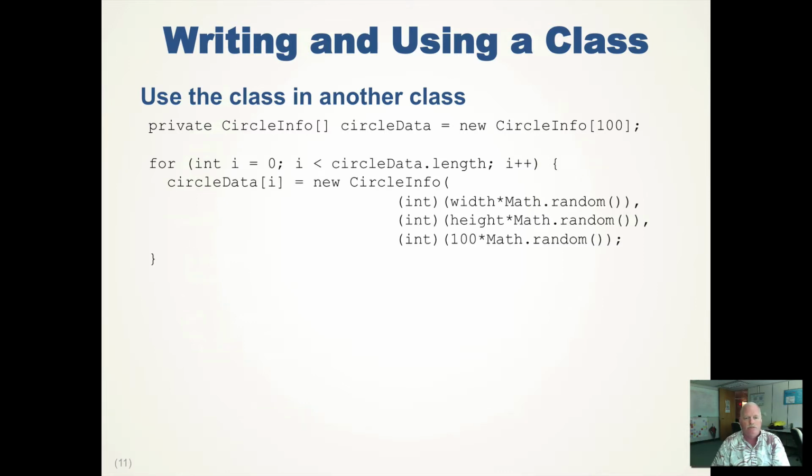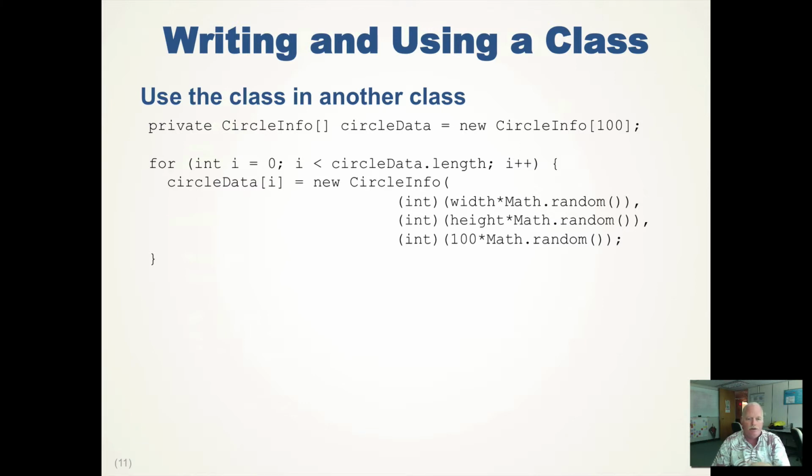So now we need to create each of the individual circle info instances. So we loop over all the things in the array. We call new on it, and we randomly position or create this circle info, and we assign it to the ith. So we do that 100 times, and so we'll have 100 circle info instances stored in our array.